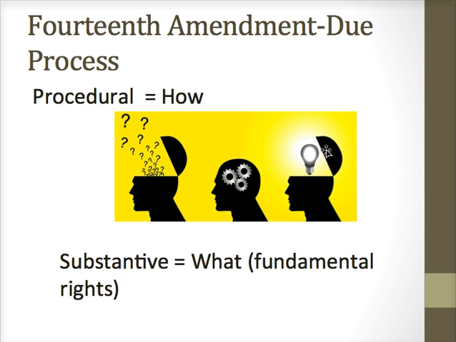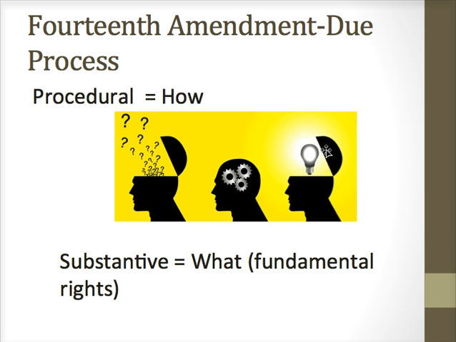One is the crime the person is charged with, and that would be the substantive law. The other aspect is the process by which that person is charged and ultimately tried and either convicted or found not guilty. So the process is what's called procedural due process.